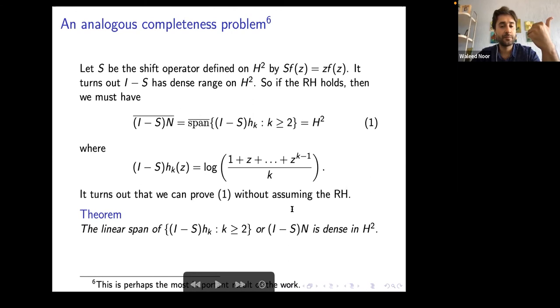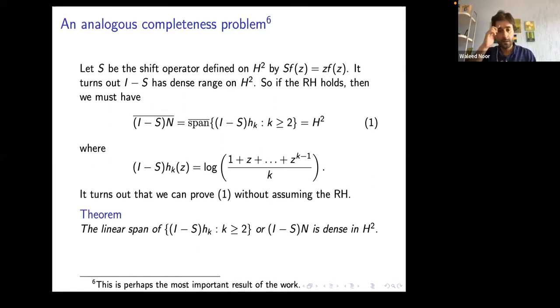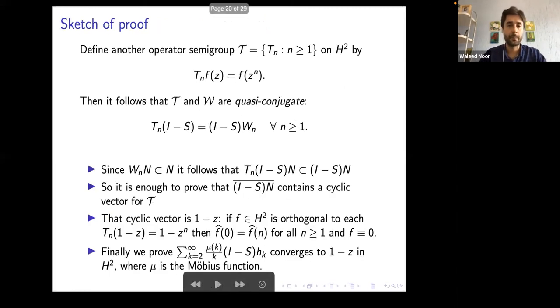The inverse exists formally, but it isn't a bounded operator. It is an unbounded, densely defined operator. Of course, this is clear from the fact that I minus S has dense range, so the inverse isn't defined as a bounded operator. But it is still very curious that if the image is dense, what happens under the pre-image? Why shouldn't N be dense?